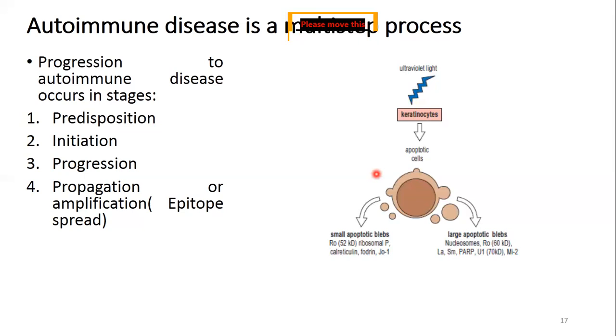And this is by the continuous inflammatory process leading to formation of different types of epitopes located in these apoptotic cell bodies. This process is called epitope spread.